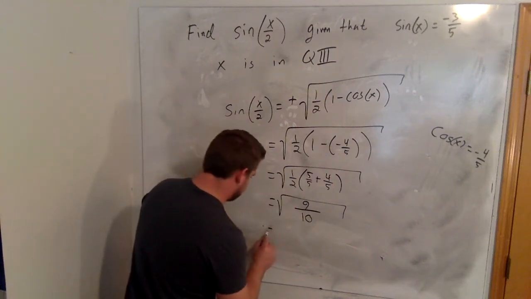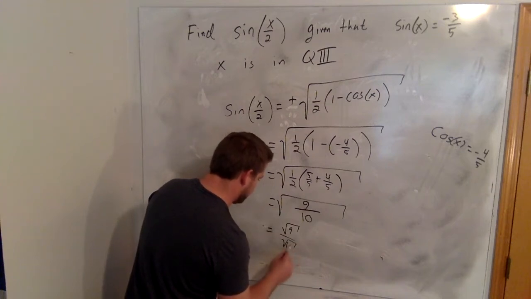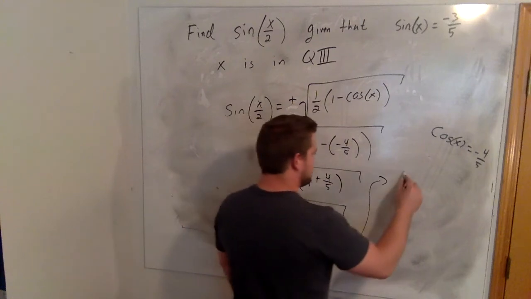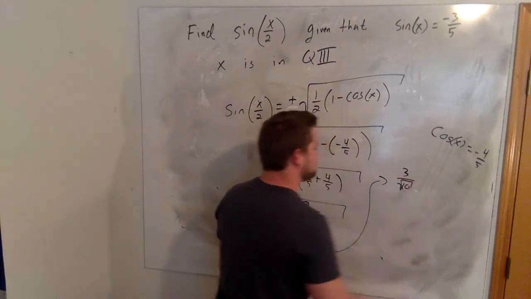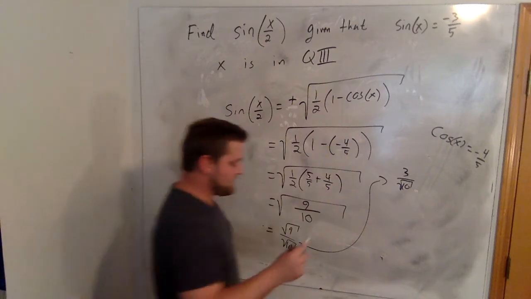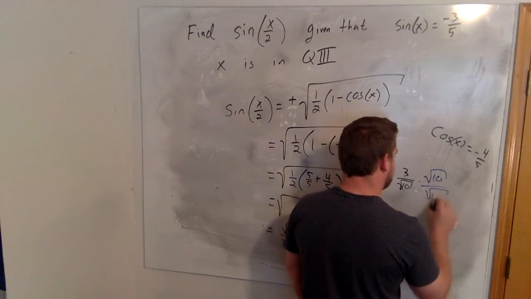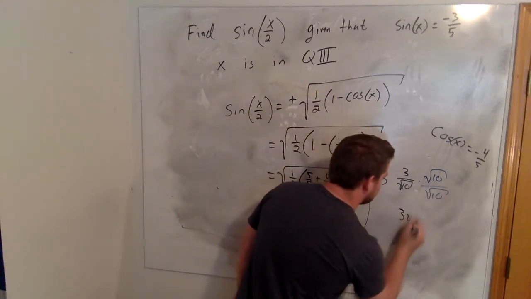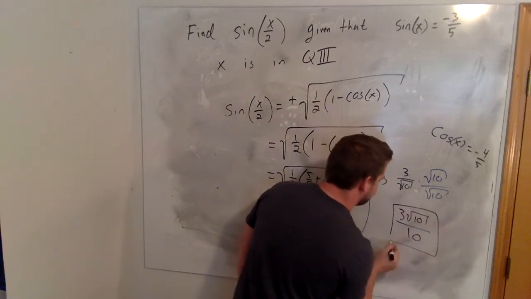So we want to clean this up. This is the same thing as the square root of 9 all over the square root of 10, which is 3 over root 10. It might be nice for us to rationalize the denominator, so let's hit this with a root 10 all over a root 10. So we'll get 3 root 10 all over 10. And here is our answer.